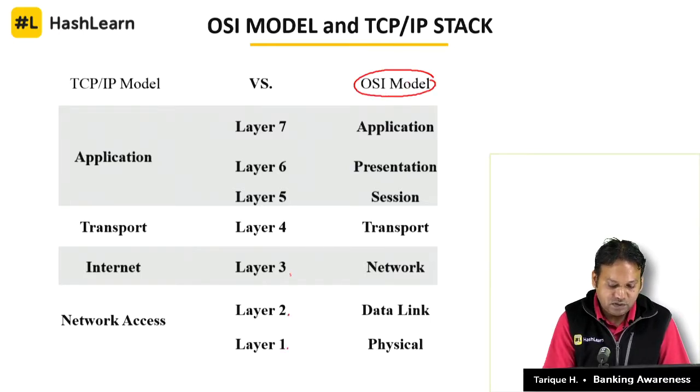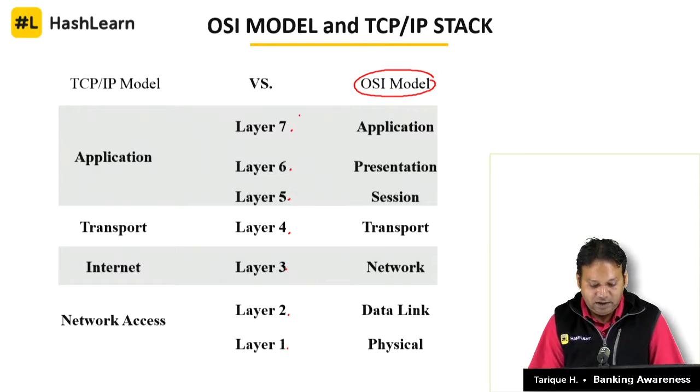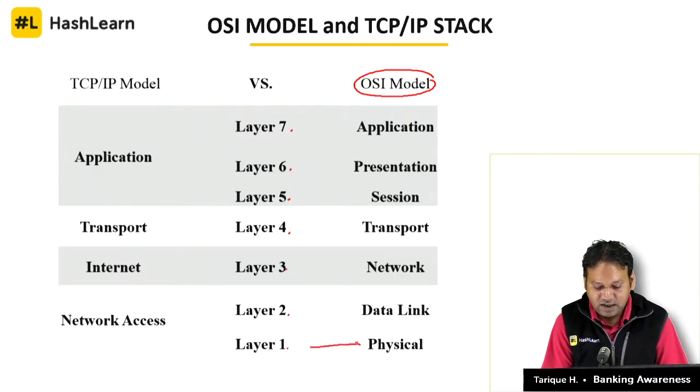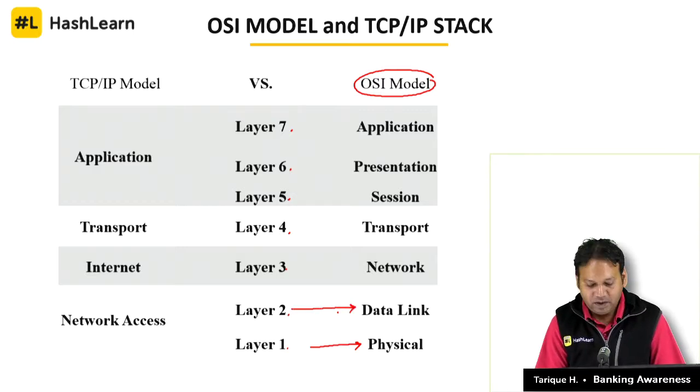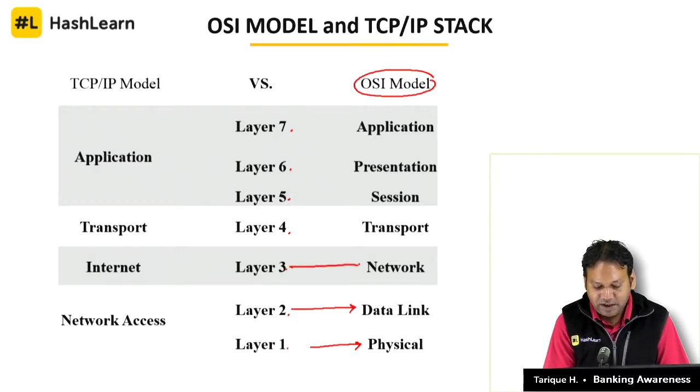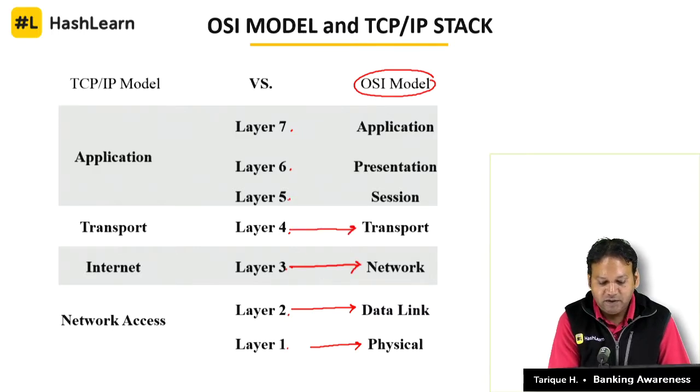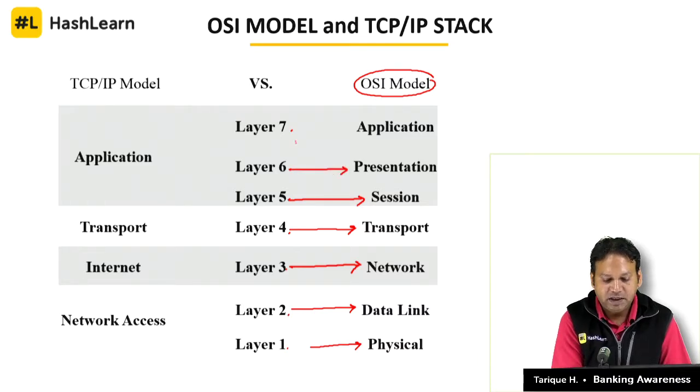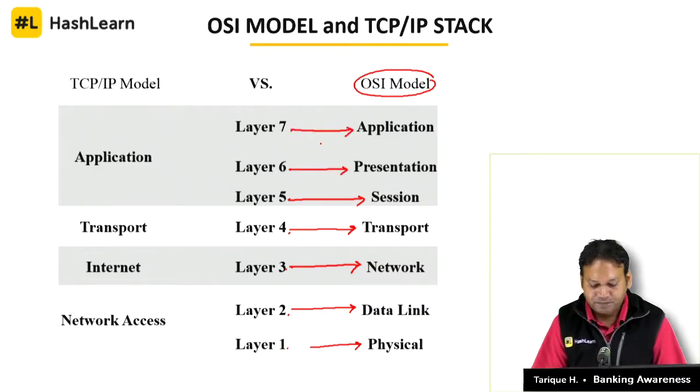Layer 1 is called the physical layer. Layer 2 is the data link layer, and layer 3 is the network layer. Layer 4 is the transport layer. Layer 5 is the session layer. Layer 6 is presentation, and layer 7 is application.